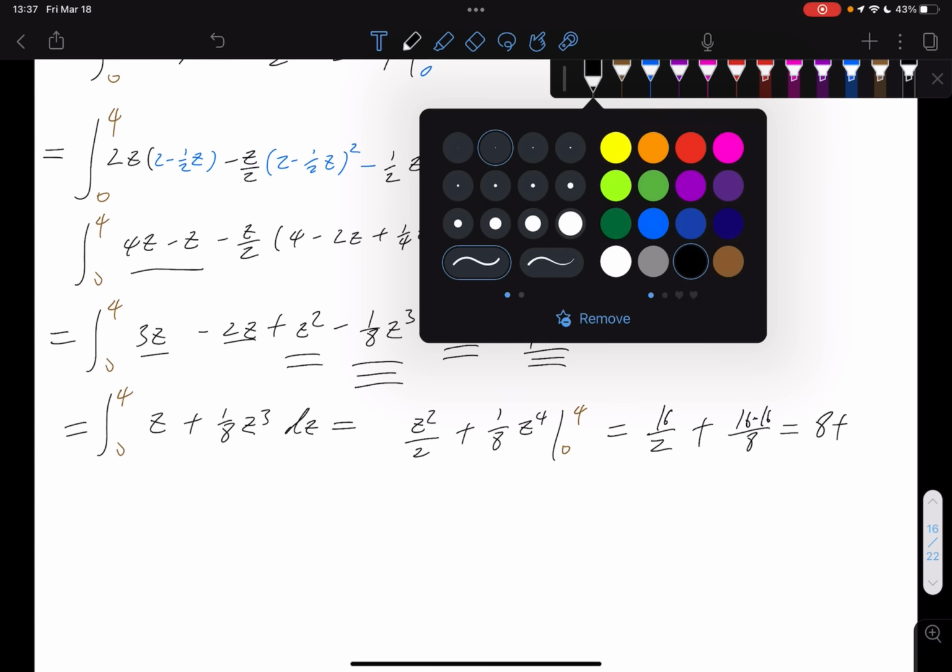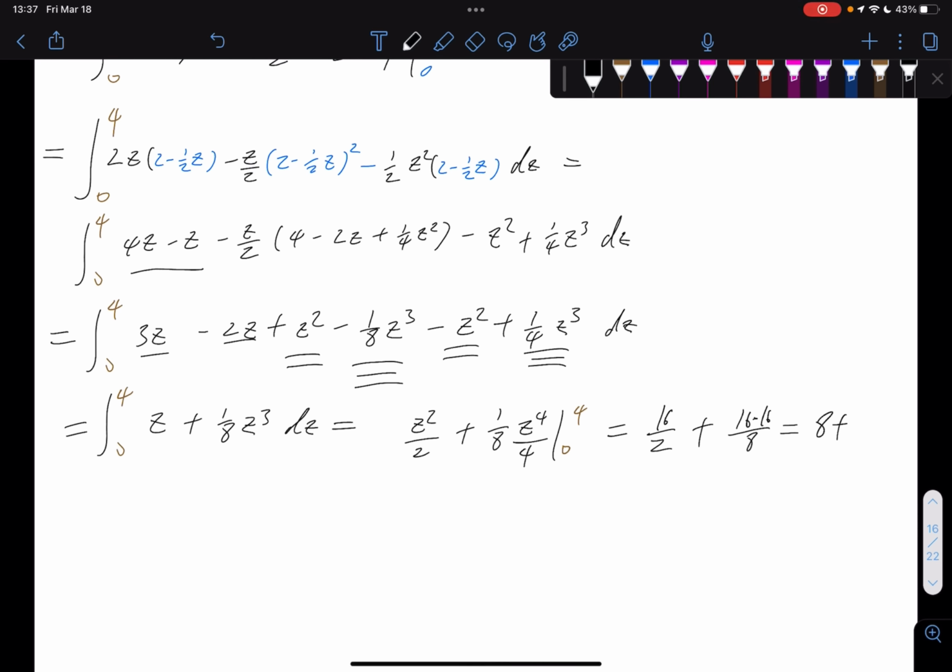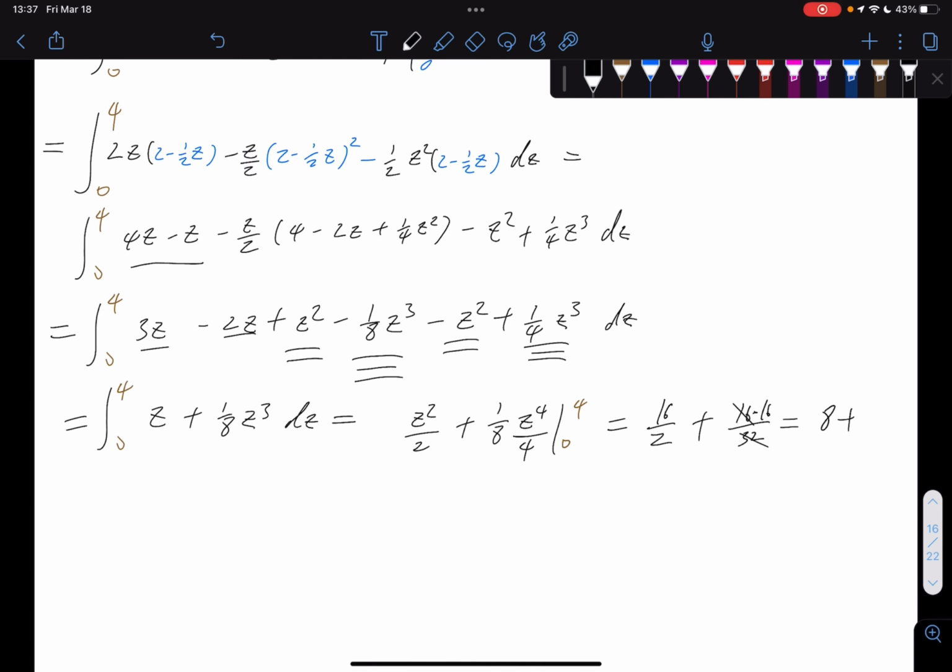Oh, I also forgot a 4 right here. So that's 32. So that's 8 plus, this cancels out. That leaves us a 2, and 8 plus 8. Oh, why is this not a correct answer?